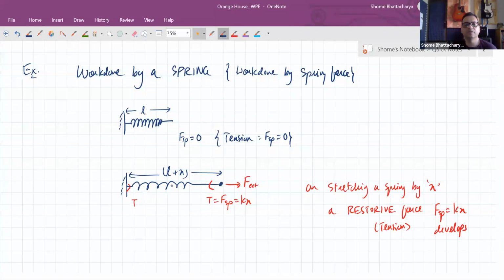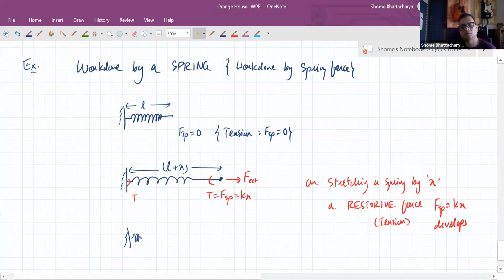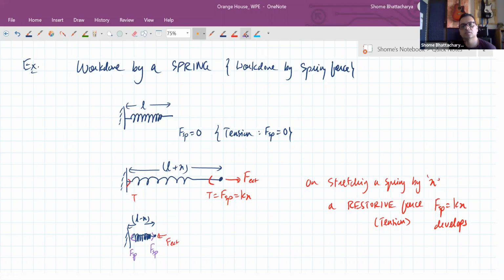Similarly, if you want to compress a spring from its natural length to a compression of x, then this time an outward type of restorative force develops. That has to be countered with an external force acting like this.